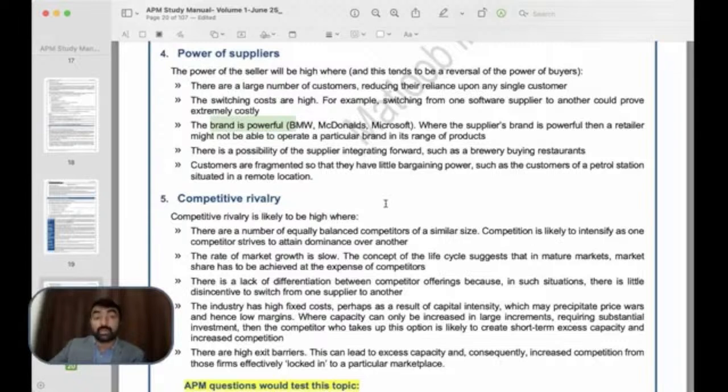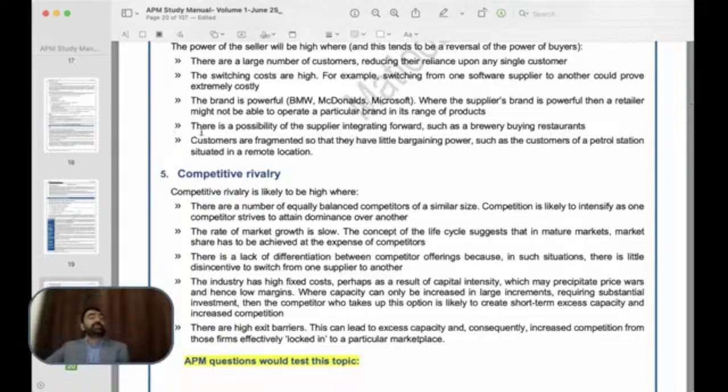Let's say Honda, for example, Honda bikes, Honda cars, Toyota, because these are very strong and very established brands. So they would not compromise on their profitability because they are so powerful. And their dealers would have smaller power, so they would depend on these larger players.